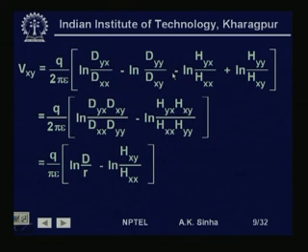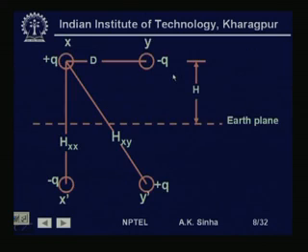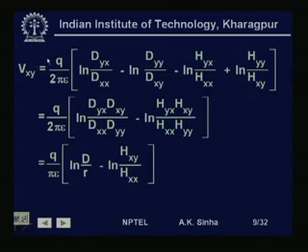Now, due to the image conductor x dash, we will have the effect on the voltage given by minus q by twice pi epsilon log n h y x, that is the distance of image conductor x dash to conductor y, divided by h x x, that is the distance between x and the image conductor x dash.